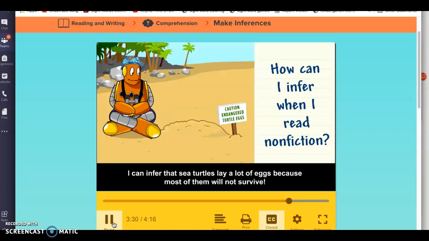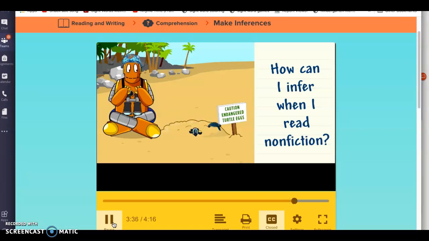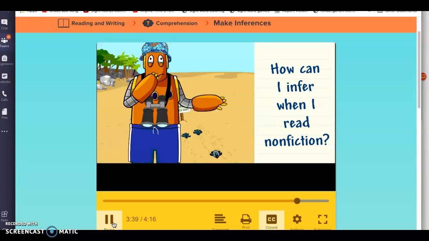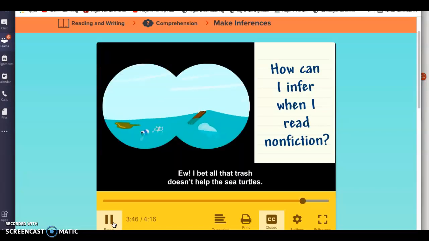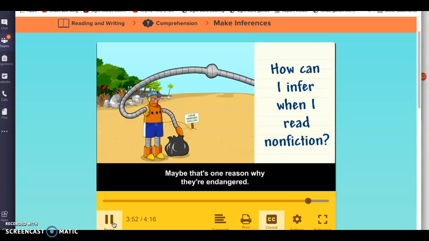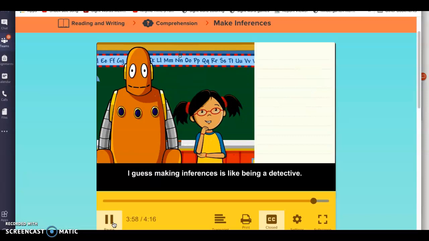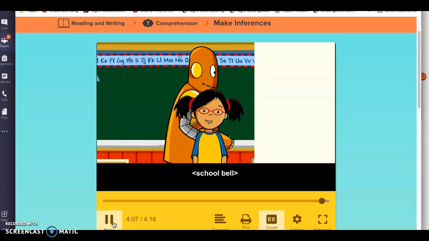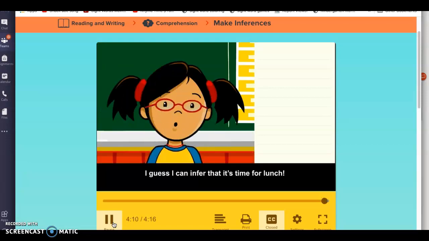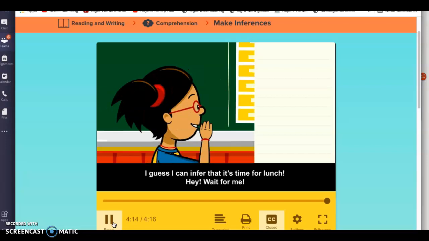I can infer that sea turtles lay a lot of eggs because most of them will not survive. You can also use what you observe to make inferences. Ew, I bet all that trash doesn't help the sea turtles. Maybe that's one reason why they're endangered. I guess making inferences is like being a detective. You look for clues and put them together with what you already know to come up with an idea. I guess I can infer that it's time for lunch. Hey, wait for me!